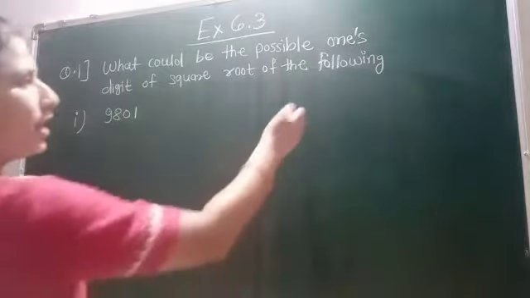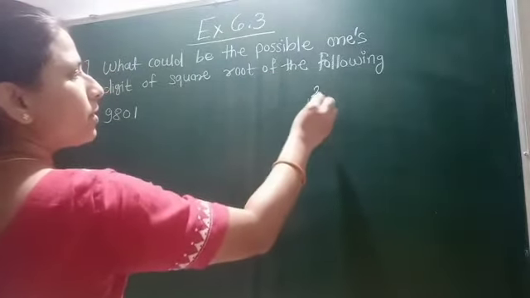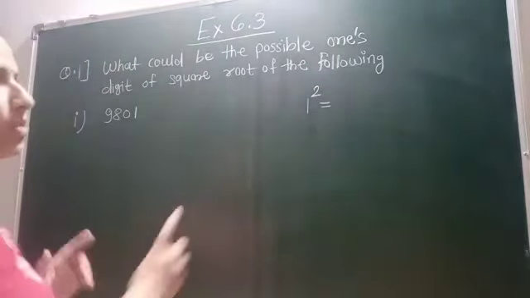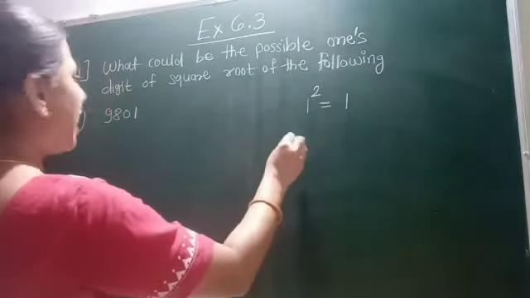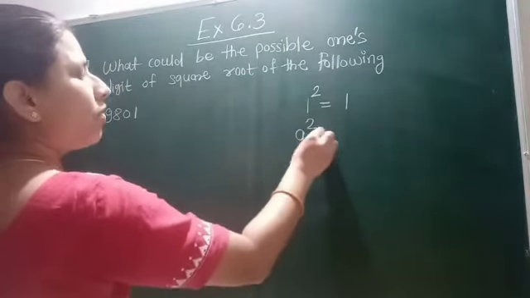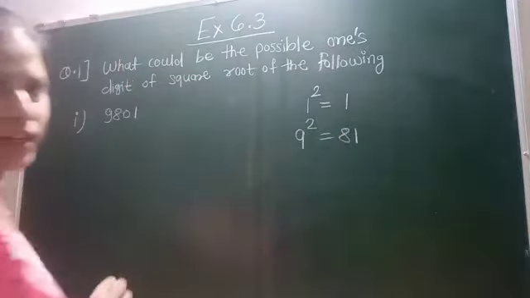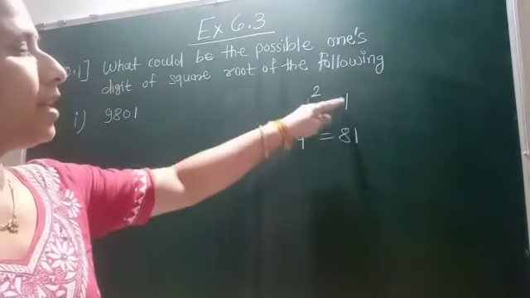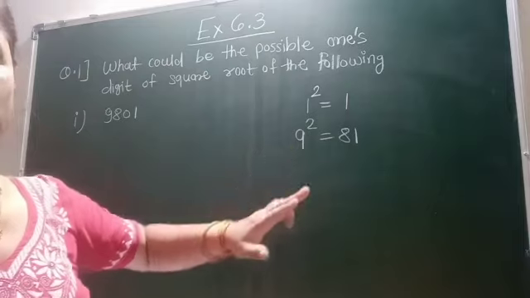As we know, square of 1 is 1 and square of 9 is 81.